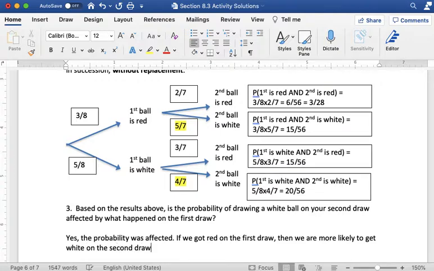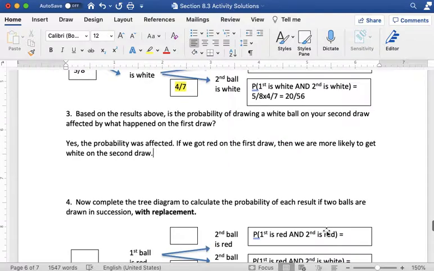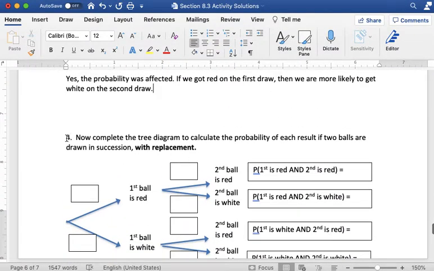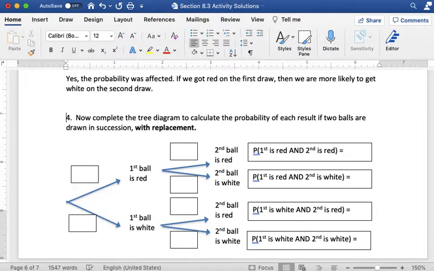And that should make sense because if we drew a white ball first and removed it, then that means that there are fewer white balls that I could get on the second draw. If the first ball that I removed was red, then I still have all of my white balls left that I could choose on my second draw. Now, for question 4, we are completing the tree diagram if we are doing with replacement.